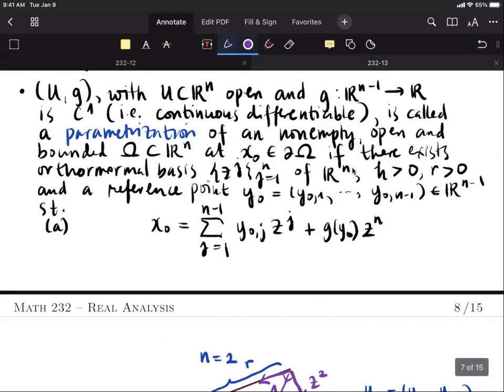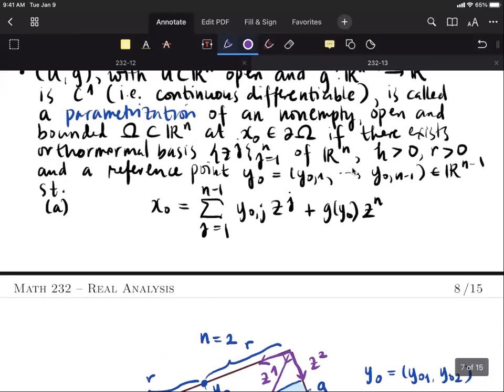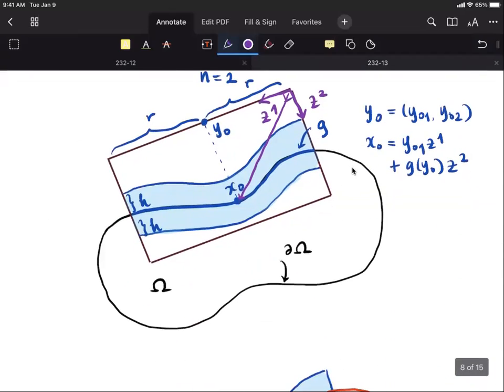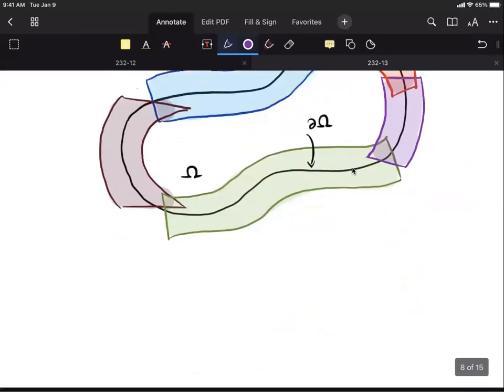So that's the first condition. The second condition is the following.